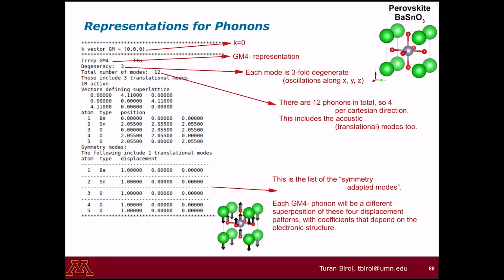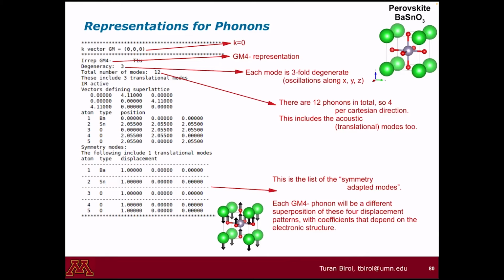And you also mentioned that here by symmetry, 4 or 5 have to have the same displacement. Correct. But in principle, this tells me that, for example, barium, Sn, and oxygen can have different values because this gives me how gamma 4 looks. But if you look at your DFT calculation, you have 4 gamma 4s. Yes. The only difference between those 4 is the displacements.